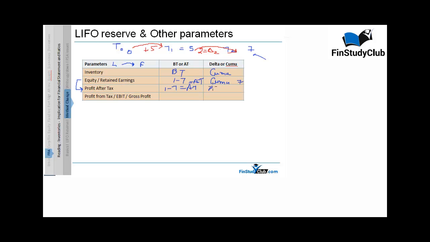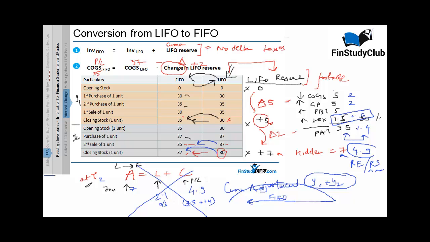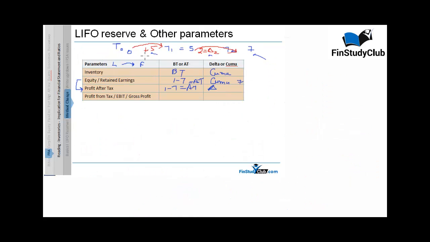So rather than taking cumulative value, I'm going to take these deltas of 2 and 5. In that example, there is a delta change of 3.5 and 1.4, from 5 into 70% and 2 into 70%.